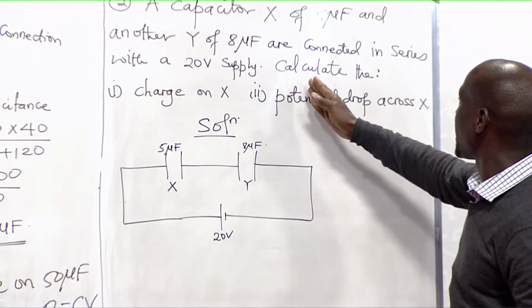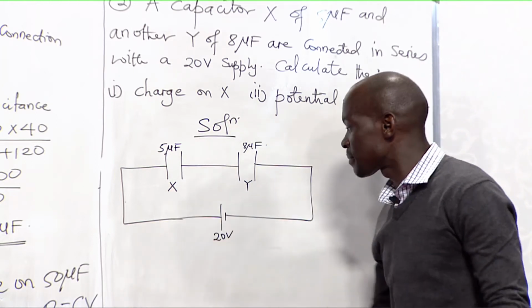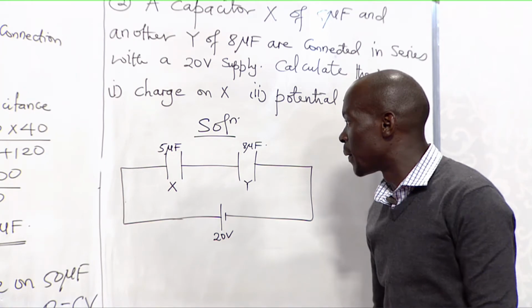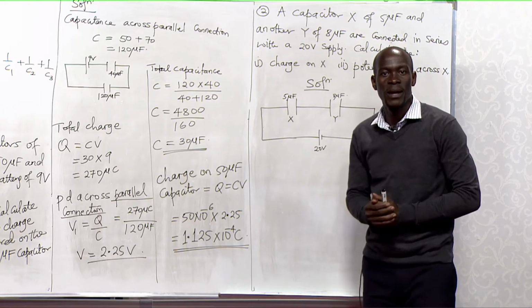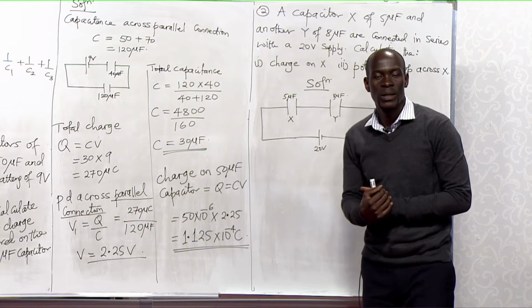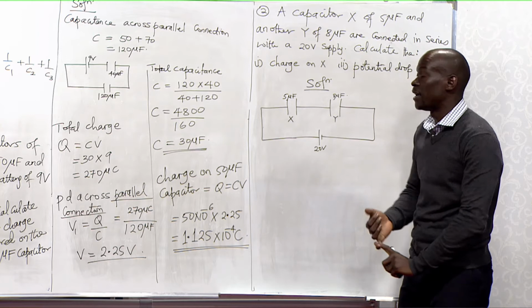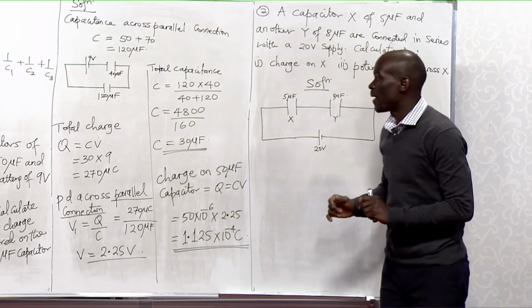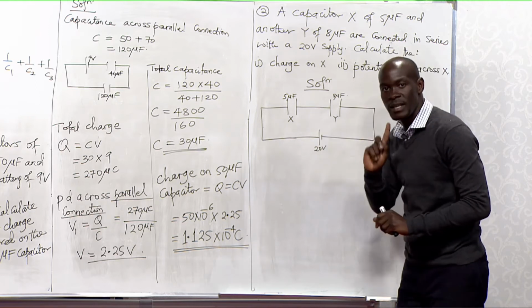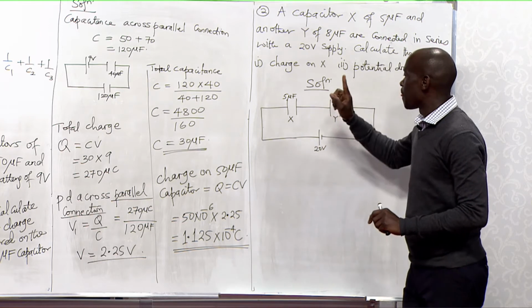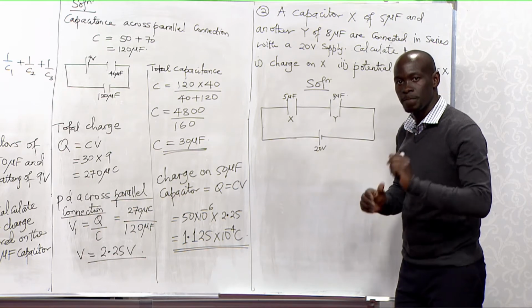Then, after that, they have told us to find the charge on X. Now, before you find the charge on X, there are certain facts we need to remind ourselves of. What are those facts? One, we discovered in our previous lesson, if you remember, that when you have 2 capacitors in series, the charge on each of them is the same.